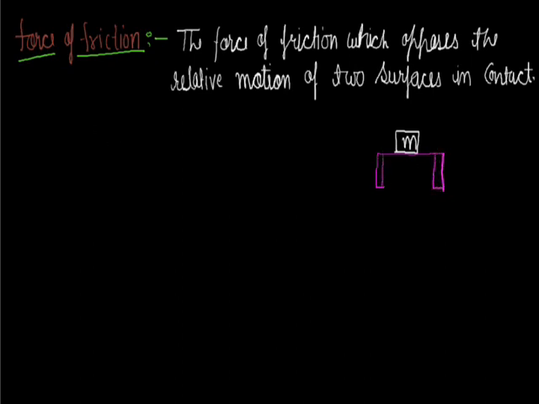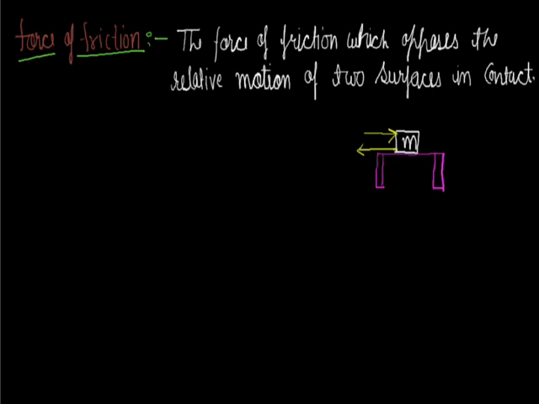If force is applied in the forward direction like this, then the force of friction will be in the direction opposite to the applied force. So we can say the force of friction acts tangential to the surface in contact and it is in the direction opposite to that of motion of the object.